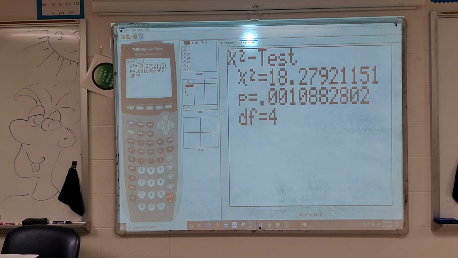Oh, it even gives us the p-value. We don't even have to do the chi-squared CDF. I wish I'd written all this down. So that's the p-value right there. And it gave us the degrees of freedom too. We haven't even talked about how to find the degrees of freedom yet. So this test will give you the chi-squared value, the p-value, and the degrees of freedom, honestly.